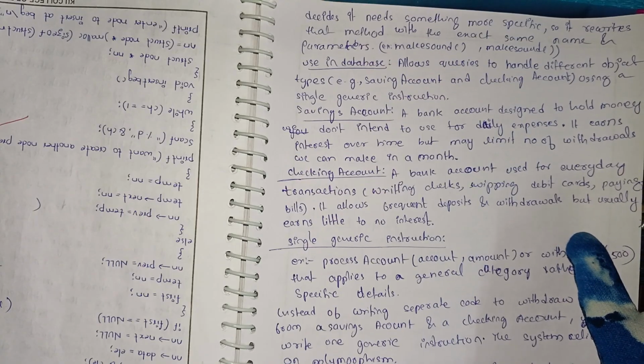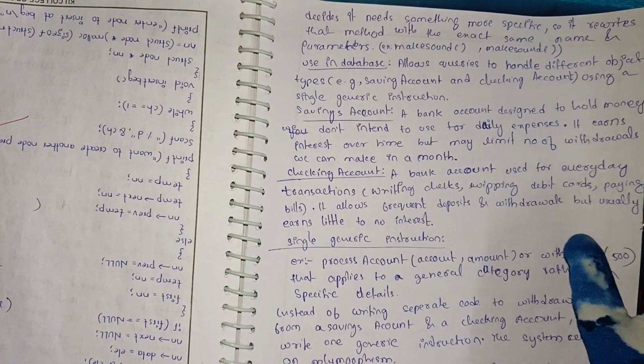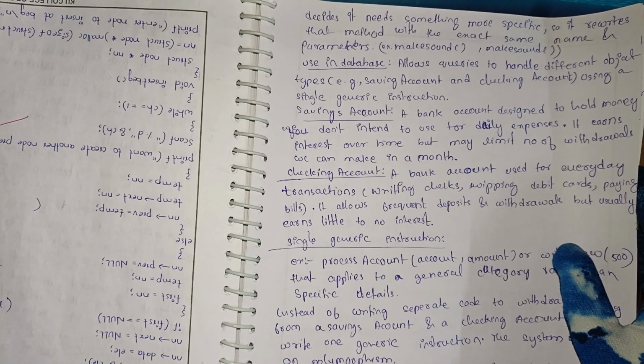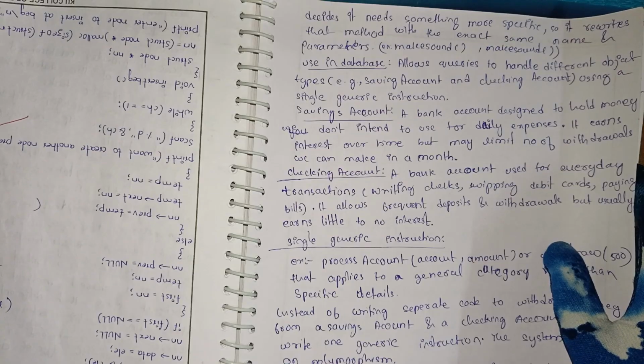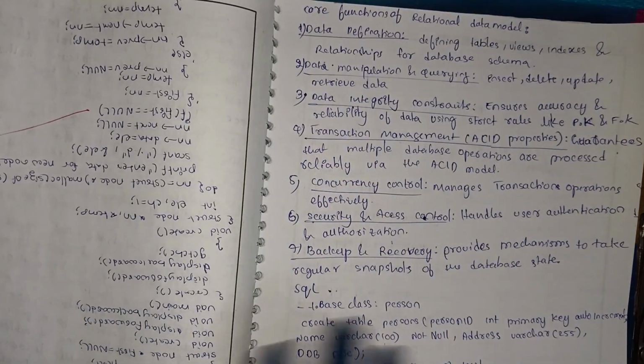So these examples show how the object oriented programming language features are related to core functions of the relational database.